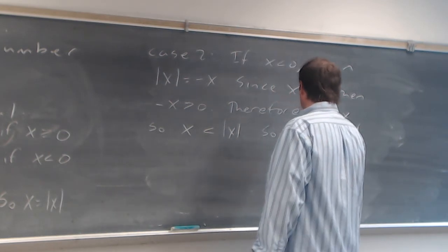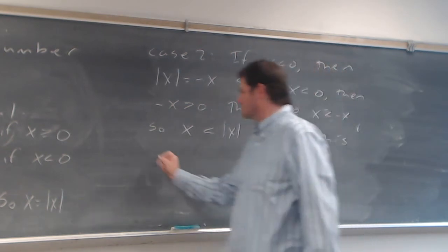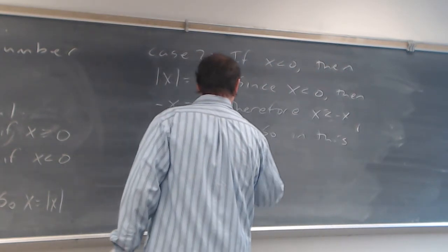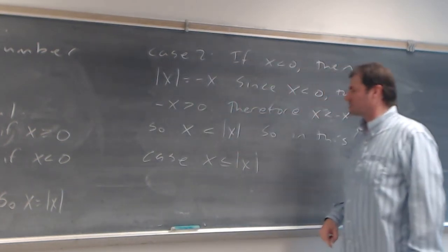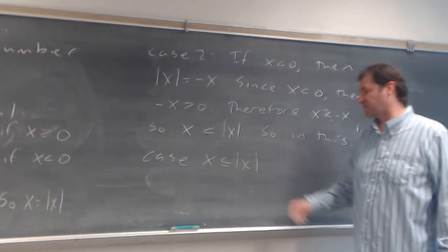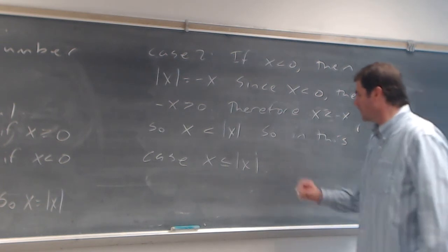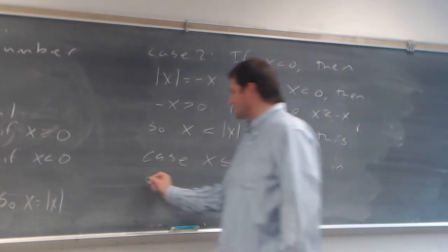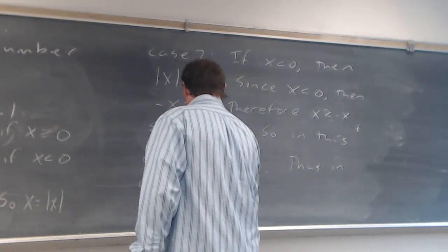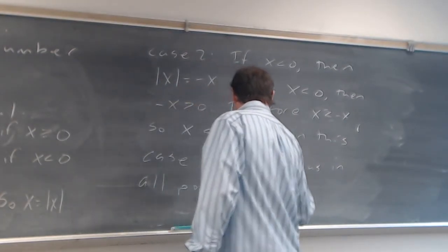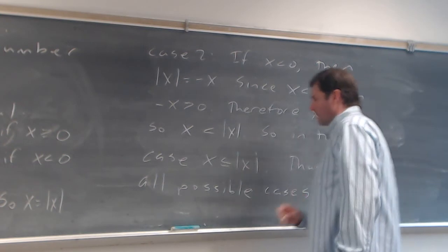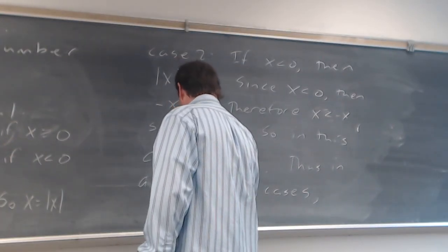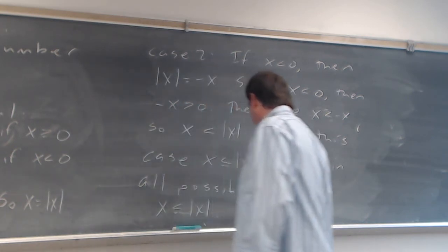So, in this case, x is less than or equal to the absolute value of x. If x is less than the absolute value of x, well, it's definitely less than or equal to it. And I'll write a conclusionary statement. Thus, in all possible cases, we have that x is less than or equal to the absolute value of x. That's what we're trying to show.